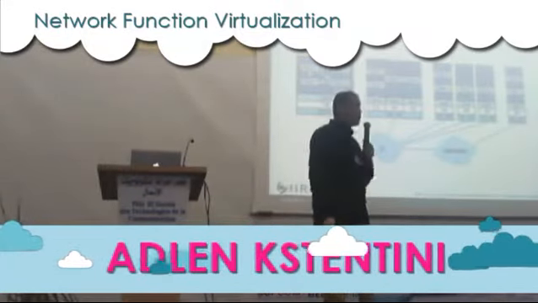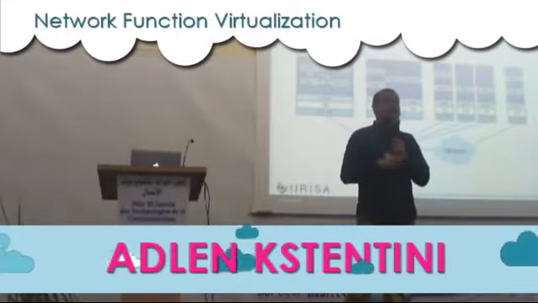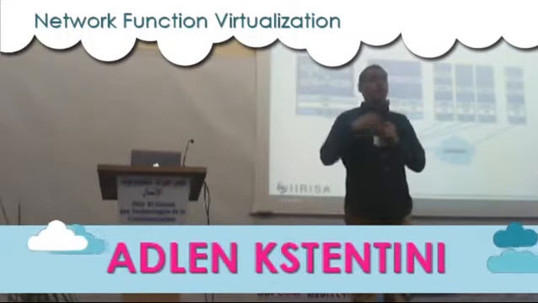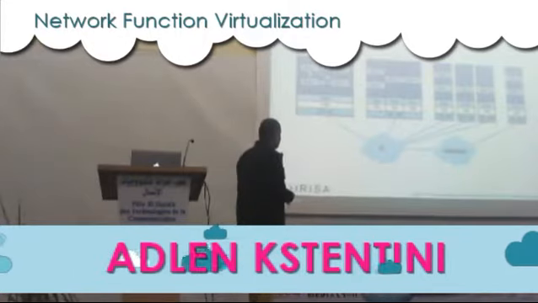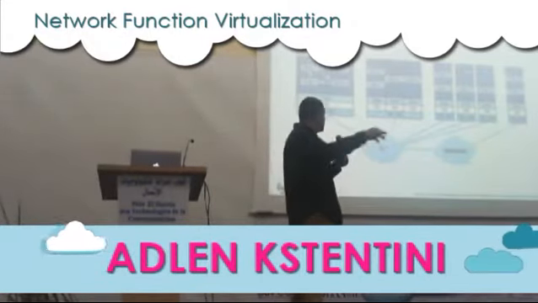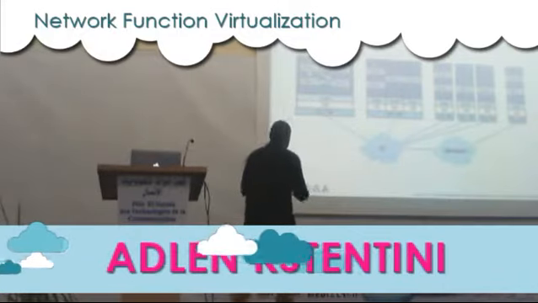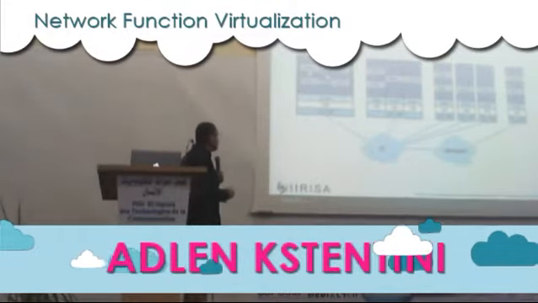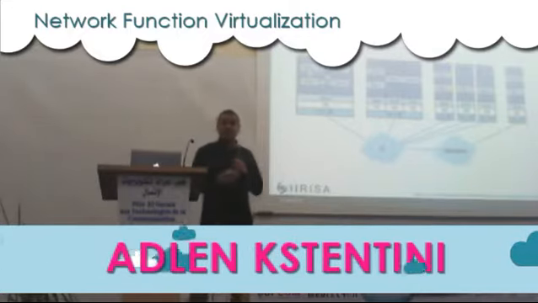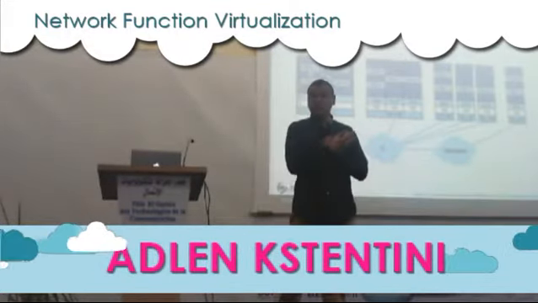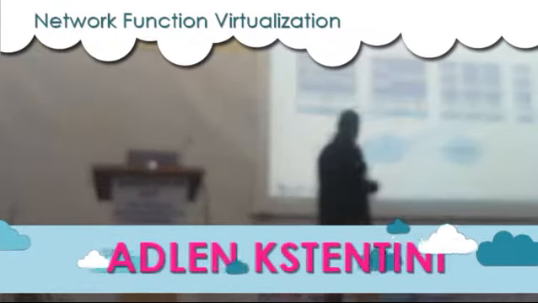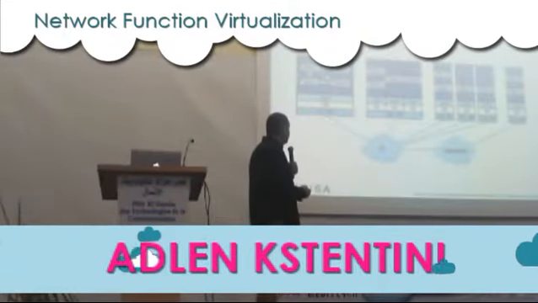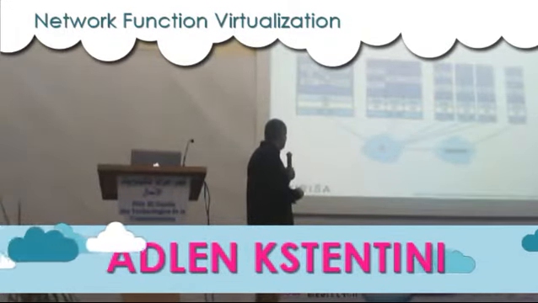Another point which is currently studied in ETSI is how a function could be divided, how a function could be split in order to create a service. For instance, here you have several ways to create network functions and deploy them over the network. We can have all the functions running on the same operating system. For instance, the service chaining I showed you before, such as firewall, IDS, and TCP optimization, could be run on the same platform.